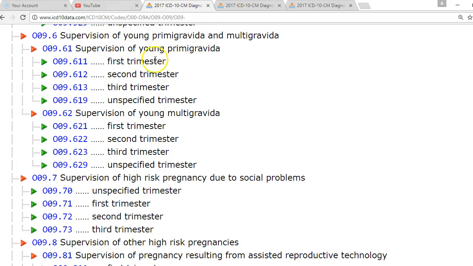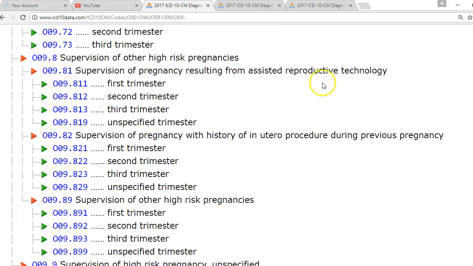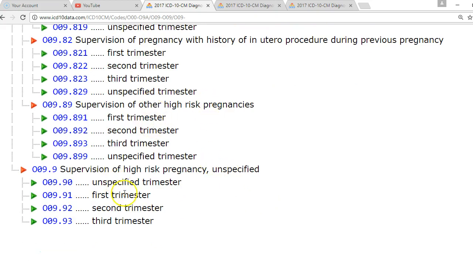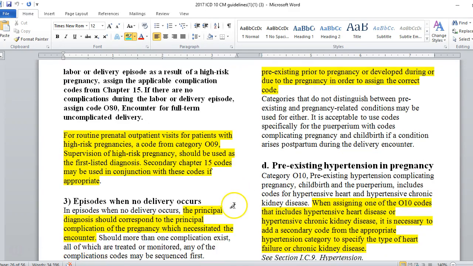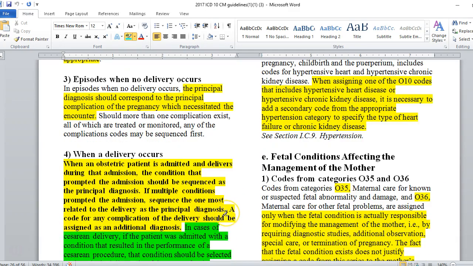So again, this is a woman who is less than 16 at the time she births. It's considered young. We also have supervision of high-risk pregnancy due to social problems. Again, that could be a living situation. Again, issues with reproductive technology, an in utero procedure, and other and unspecified. So again, lots of different high-risk complications that we want to keep in mind.